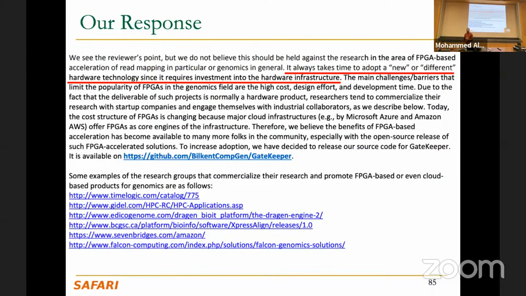And this is what we answered. We told him or her, it always takes time to adopt new or different hardware technology since it requires investment into the hardware infrastructure. And we were the first to propose that work using FPGA. Nobody used FPGA for filtering before. So we told him, people in the community will take time to digest the need for FPGA because most of them might prefer to have C programming, code that they can change later on, play with it, improve it.